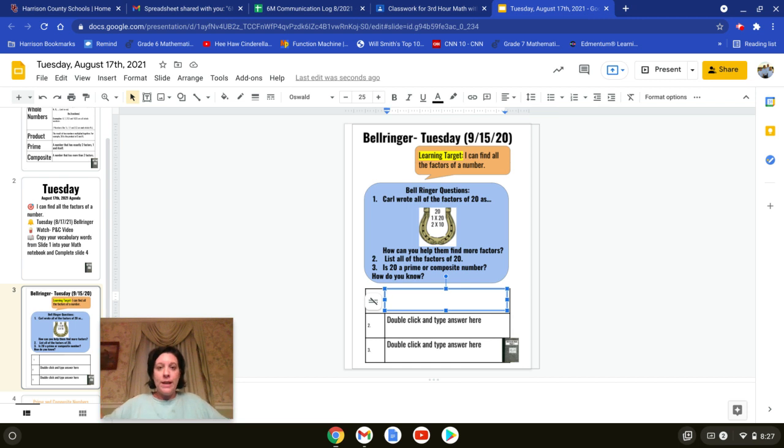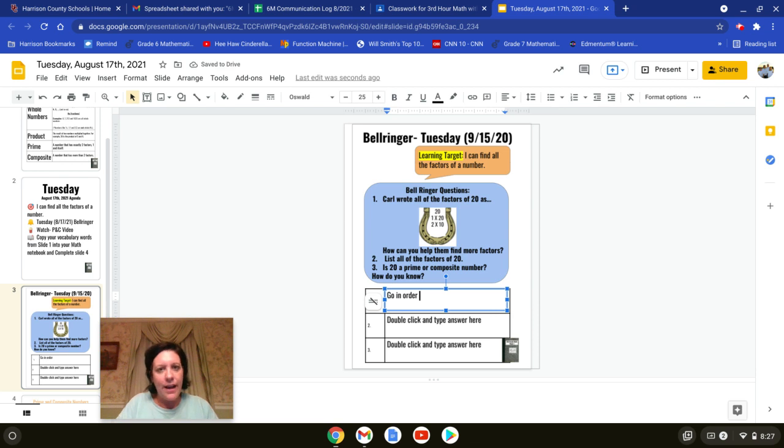Okay, 1 and 20. Now you're going to check 2. Well, 2 and 10, those are factors of 20. So by going in order, 1, 2, it eliminates on that large side 11 through 19. Those are not factors of 20. We don't even have to check them. The next number we check is 3.